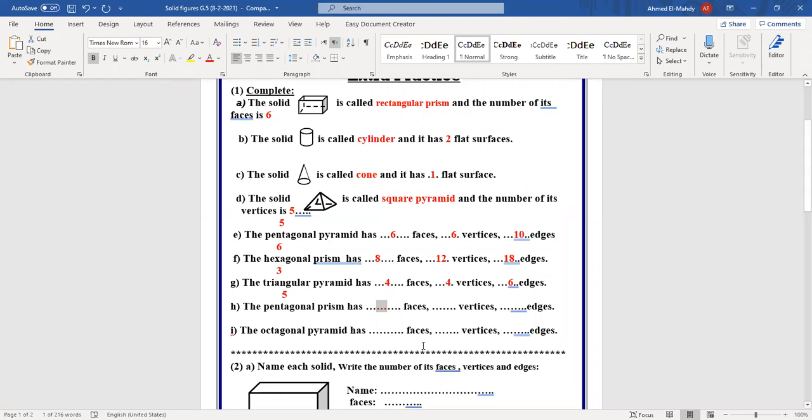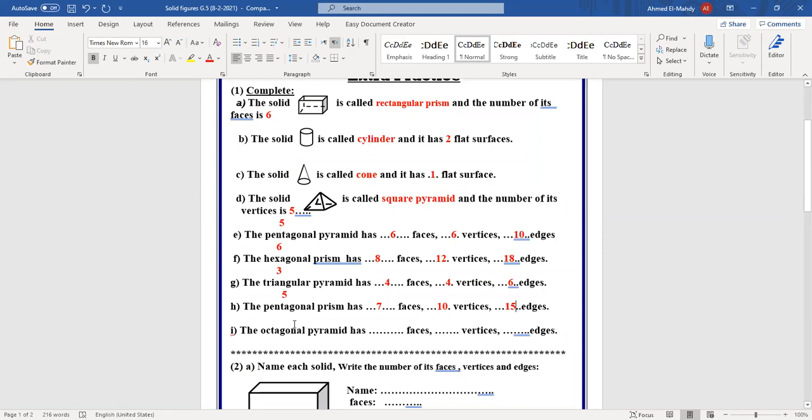So here, 5 plus 2 equals 7. To find the number of vertices, 5 multiply by 2 equals 10. To find the number of edges, 5 multiply by 3 equals 15. Thank you. The next one.